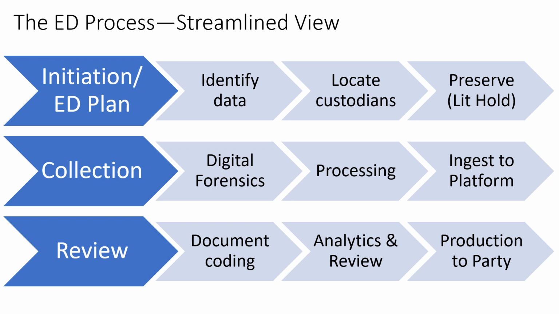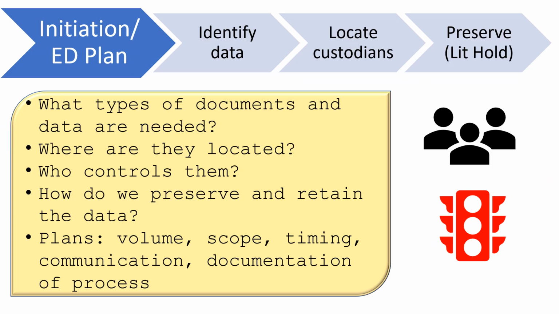Now, of course, the bigger the case, the more complex the case, this is where analytics and automated review comes in and is a big issue in e-discovery. And then, of course, you have to actually produce it to the other party, and that's really important. So in the planning phase or the initiation phase, think about what types of documents or data are needed.